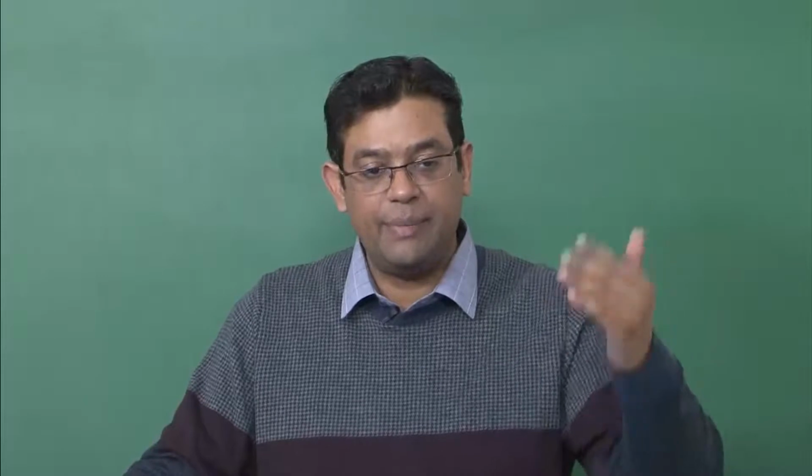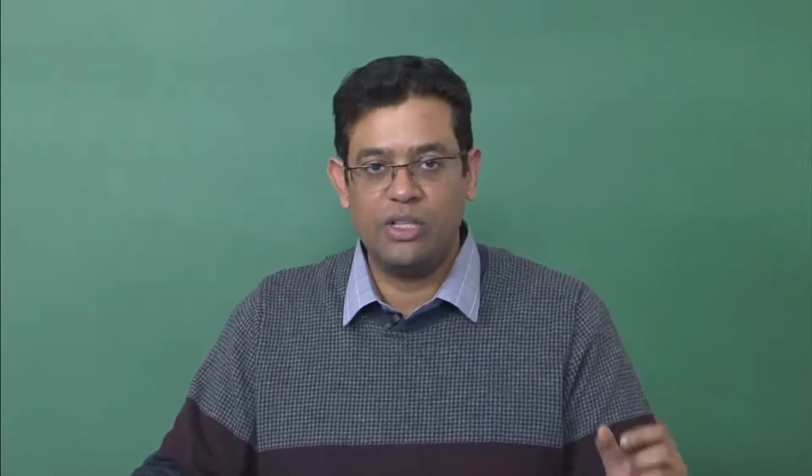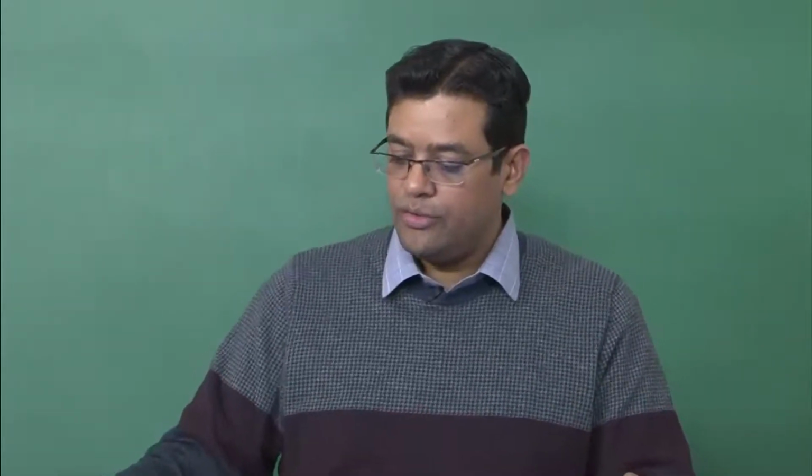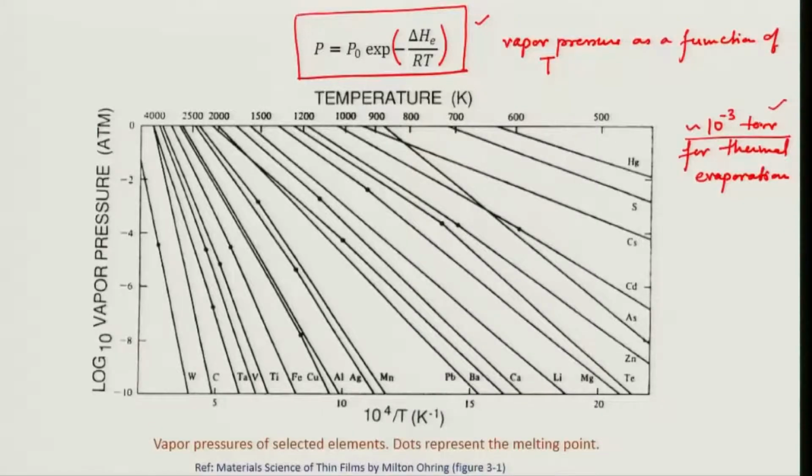Of course, if you increase the temperature to 5000 degrees C, you can melt tungsten and there will be enough vapor pressure, but that is not practical because you will use a lot of energy. So, for materials which can have a vapor pressure of around 10 to the power minus 3 torr at moderately high temperatures, say around 900 or 1000 degrees or up to 1200 degrees, this method of thermal evaporation is very good.